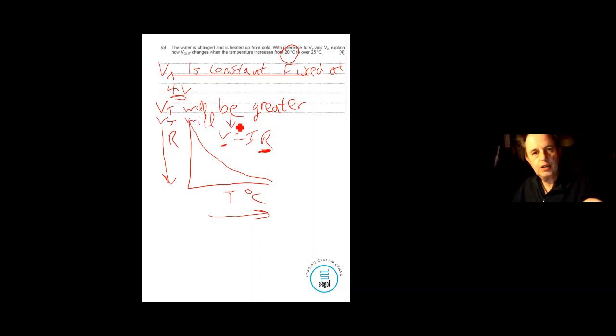Put an arrow showing a decrease. It decreases because it's getting warmer: as it gets warmer, resistance decreases, so the voltage goes down. Eventually, when it reaches 25, it'll switch itself off, because it's reached that temperature.